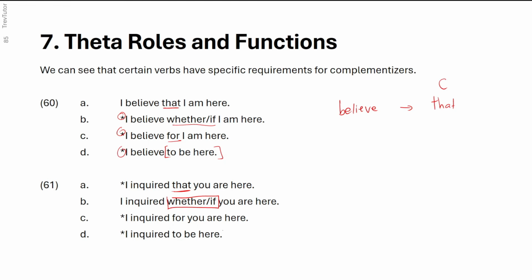We also can't do these for you are here clauses or to be here infinitive phrases, which will also be clauses on their own because they can have subjects and objects. So for inquired, very specifically, we are choosing the words whether or if that can be the head of that complementizer phrase.